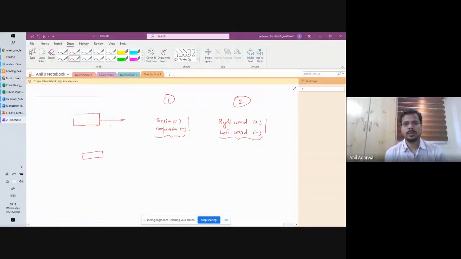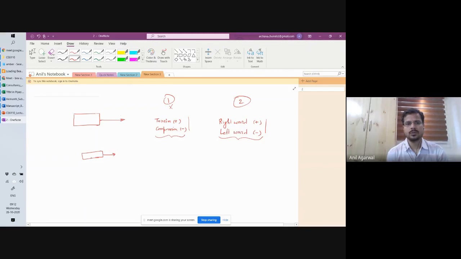So for this kind of a loading, or when I present a situation like this, you're talking about an external force. And the sign convention for an external force would be right positive and left negative, or left positive, right negative, whichever one you prefer, but not this one. This is not applicable in this case.